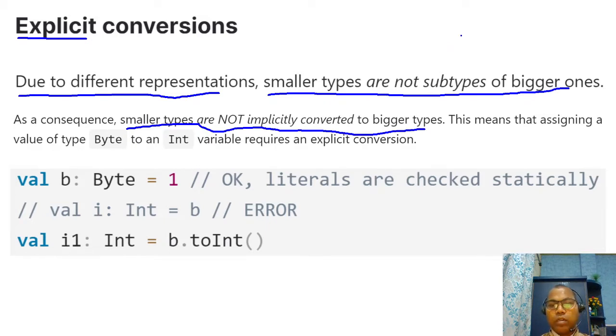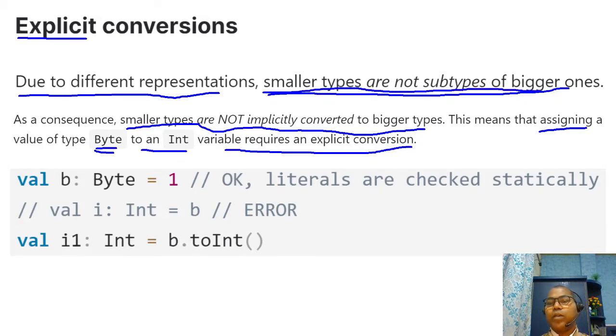The rule is that assigning small data types to int requires an explicit conversion. Manually, you have to do it. Smaller data types are not subtypes of bigger data types.